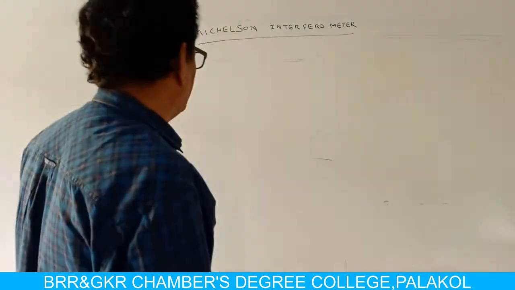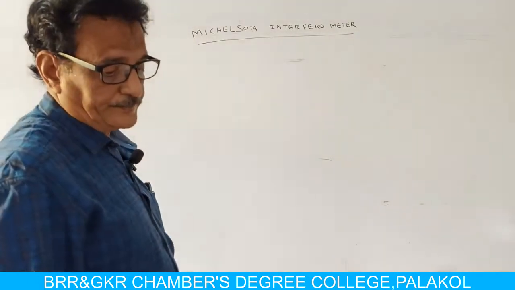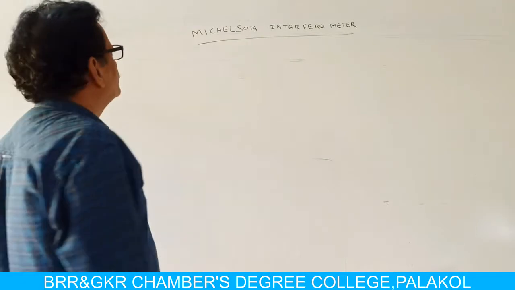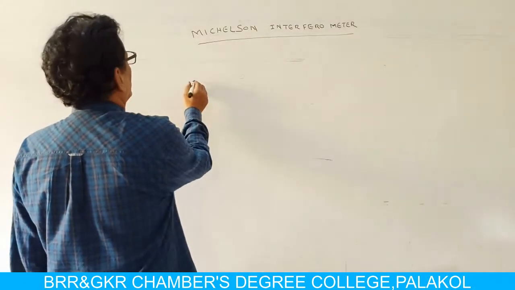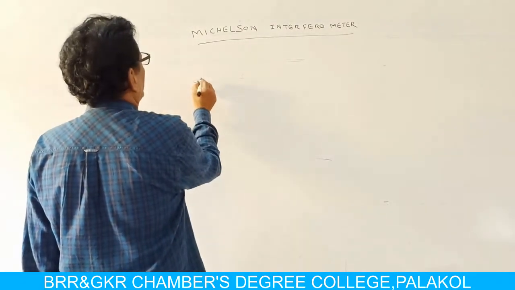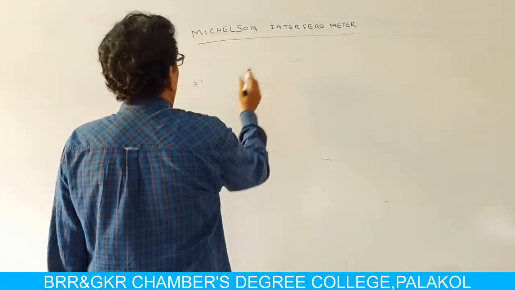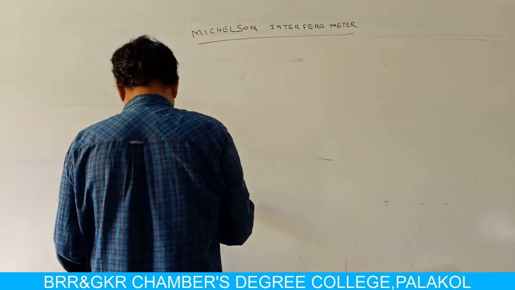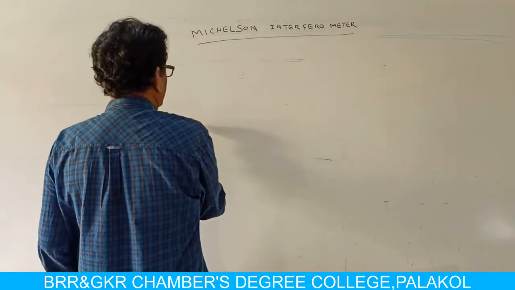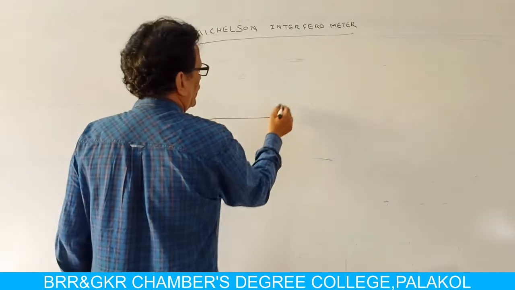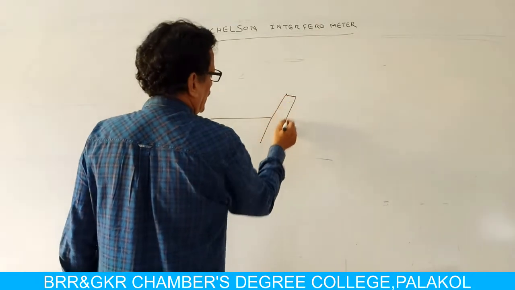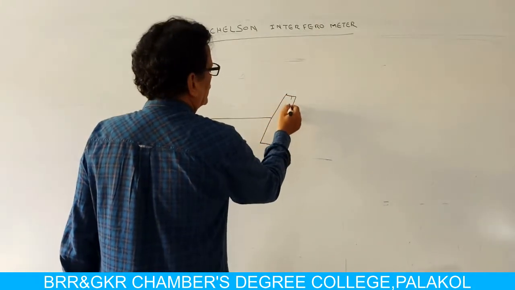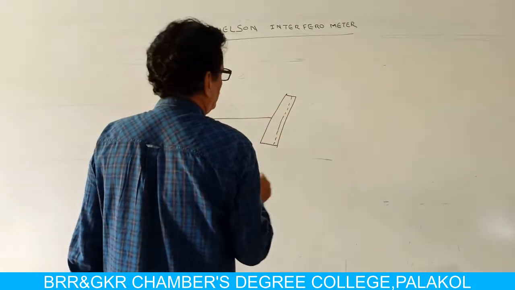The Michelson interferometer consists of a source of monochromatic light, and the light coming from the source is allowed to fall on a semi-silvered glass plate.